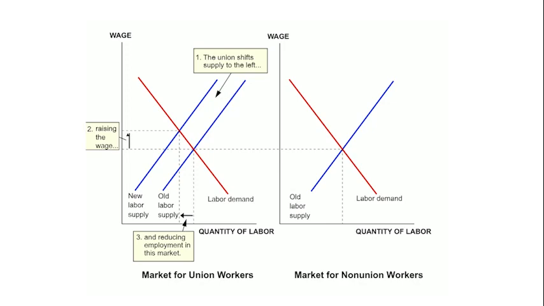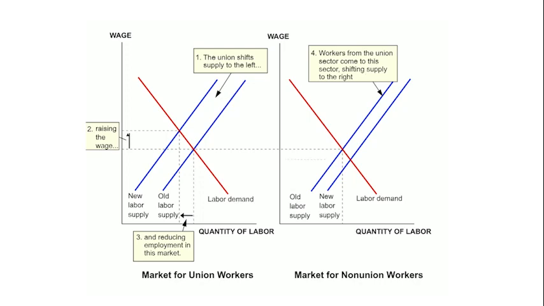The other thing that's interesting is there's going to be clearly some workers who, because the quantity of labor is down, you've moved in this direction, that they're going to have to go somewhere to get a job. Where are they going to go? Well, they'll go to the non-union sector. And so the non-union sector is going to have a change. In particular, there's going to be a shift in the other direction of their labor supply curve, more workers coming in to that area.